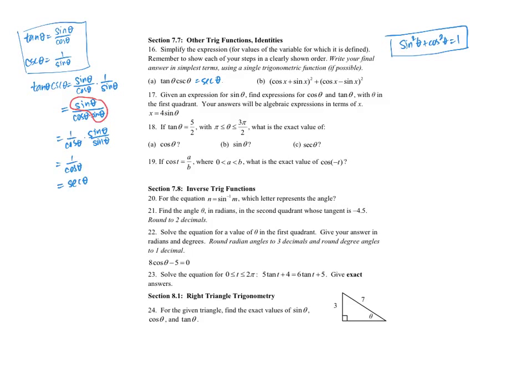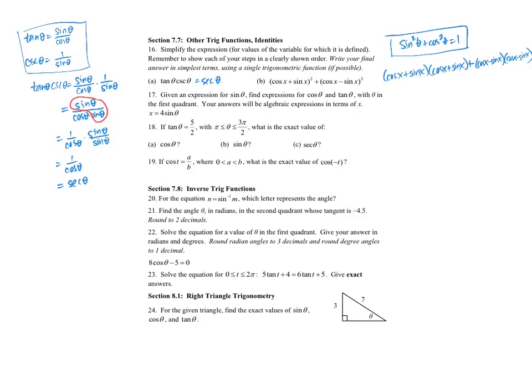If I have cosine x plus sine x squared, that means cosine x plus sine x times cosine x plus sine x. And then plus cosine x minus sine x squared, so it's cosine x minus sine x times cosine x minus sine x. I'm almost out of room there. And then I can multiply that all out.